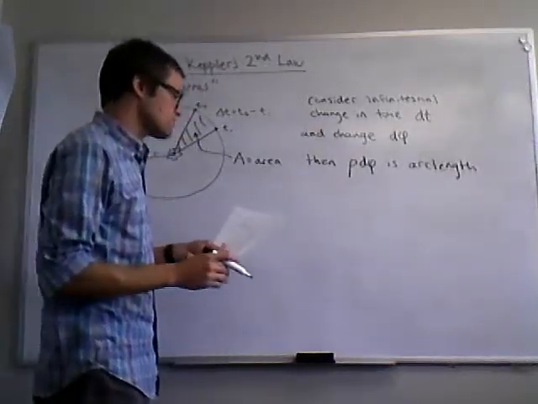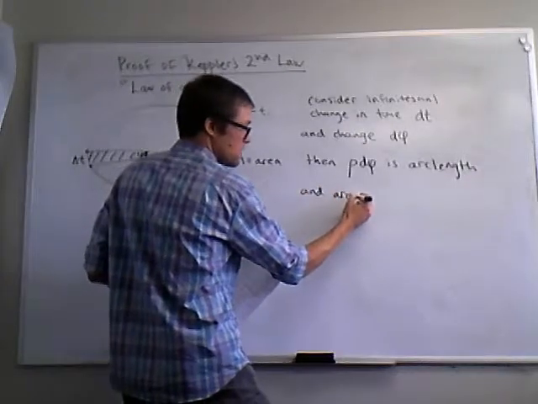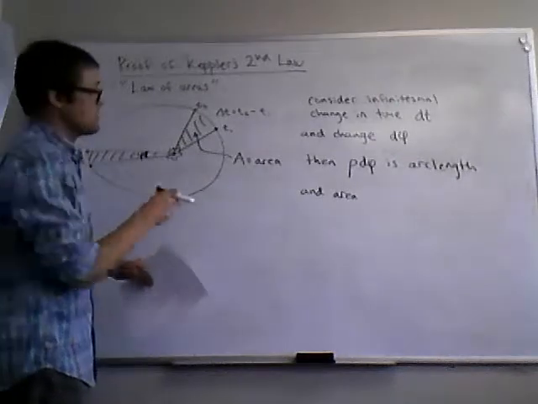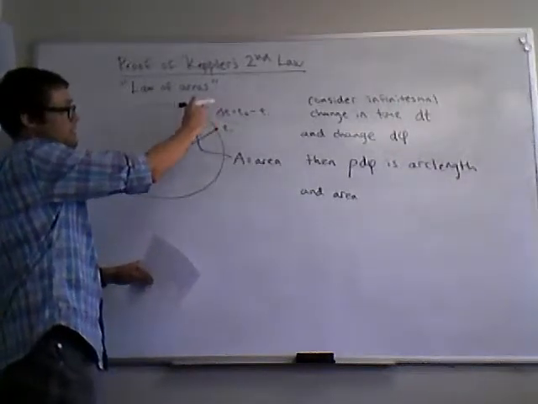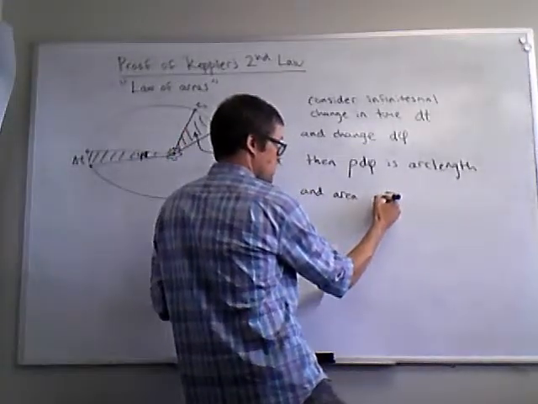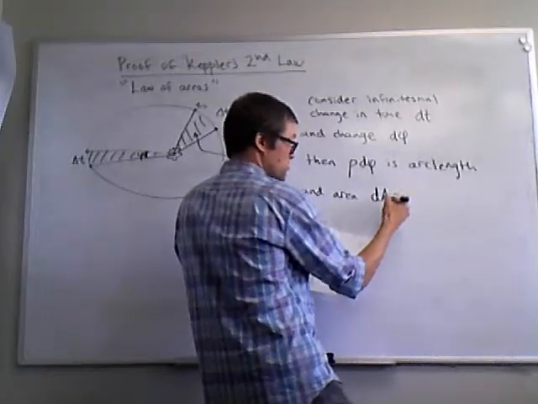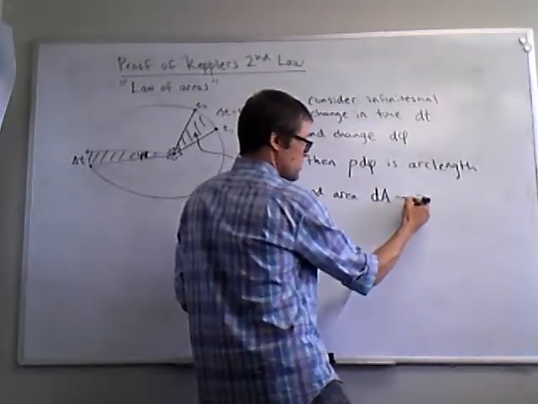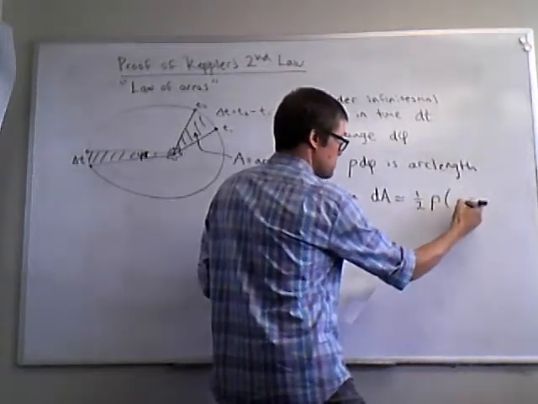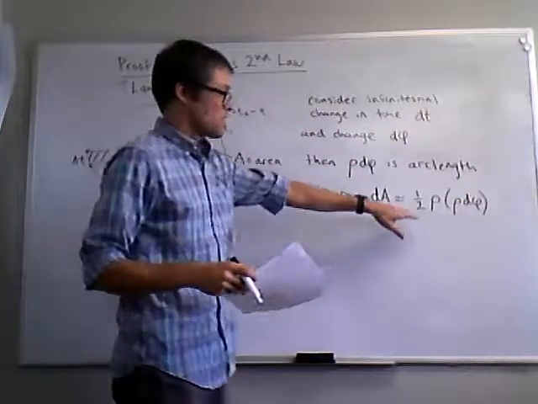Okay, and the area of a wedge that has rho d phi on this side and radius rho, or a small piece of area dA that's swept out, is approximately equal to 1/2 rho times this arc length rho d phi. Now, this is approximate, right?